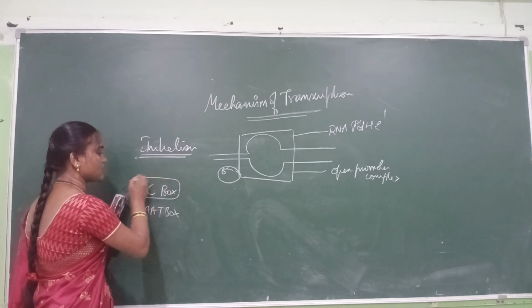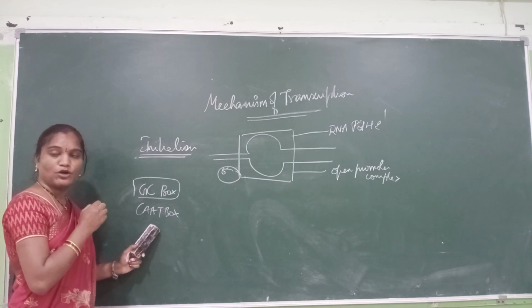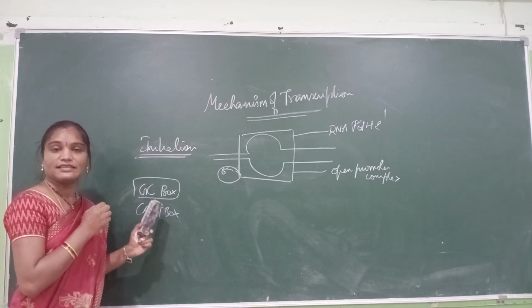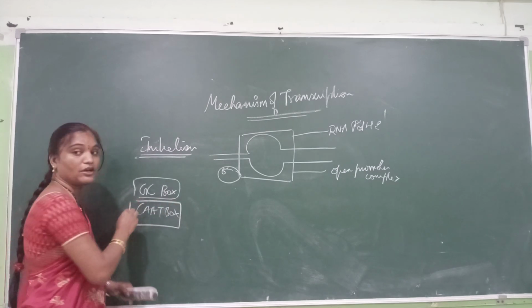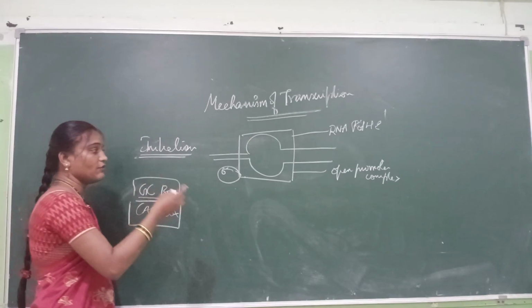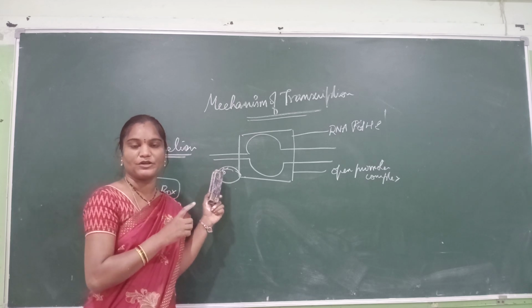The GC box contains more guanine and cytosine residues, and the CAT box contains more cytosine, adenine and thymine residues, isn't it? Before going to initiation, I have explained to you about the formation of the open promoter complex.